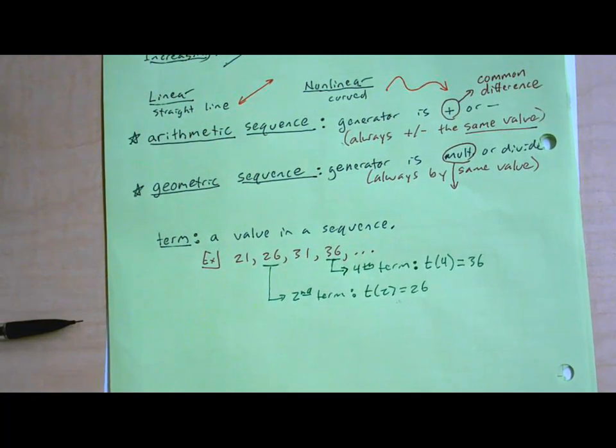We have learned a lot about arithmetic sequences. In fact, we're just about done learning about arithmetic sequences. So that first column on the next page, I want to fill out most of this. So let's talk about arithmetic sequences.